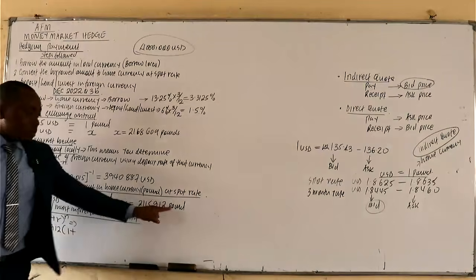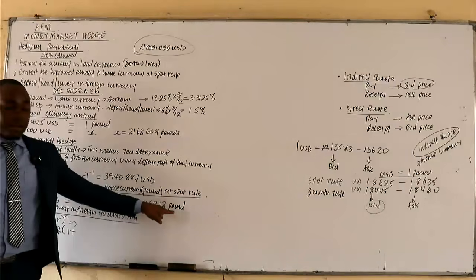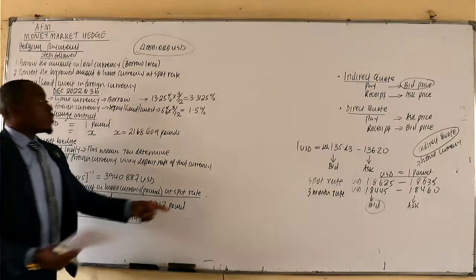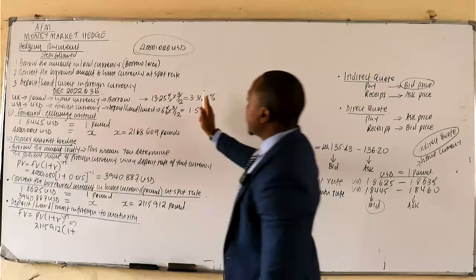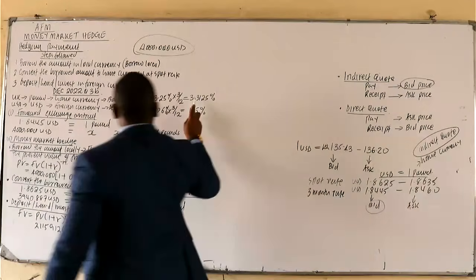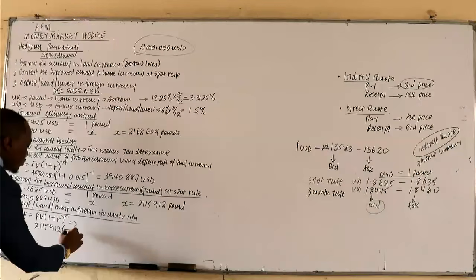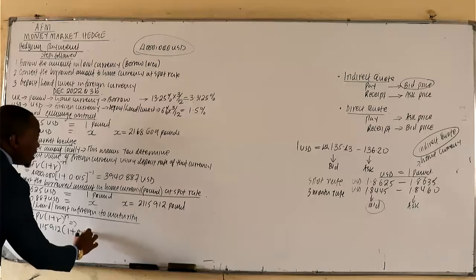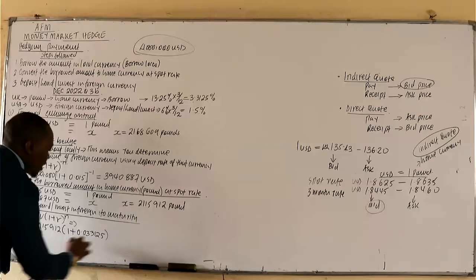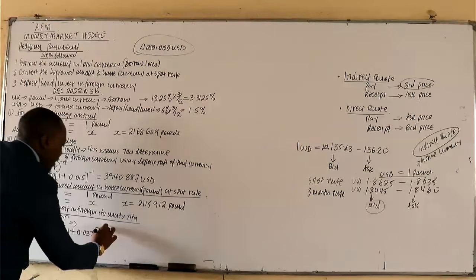These amounts are in pounds, which is the home currency. So the rate for the pound is 3%, so it will be 0.033125 raised to power 1.